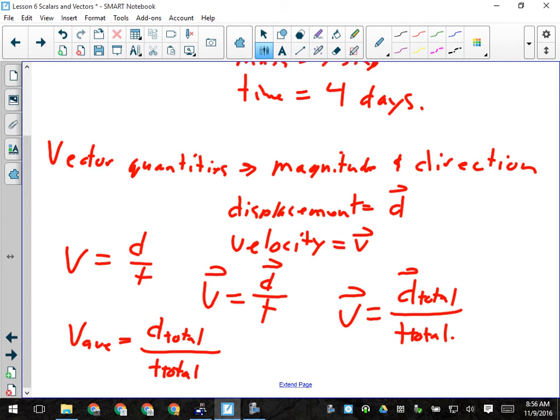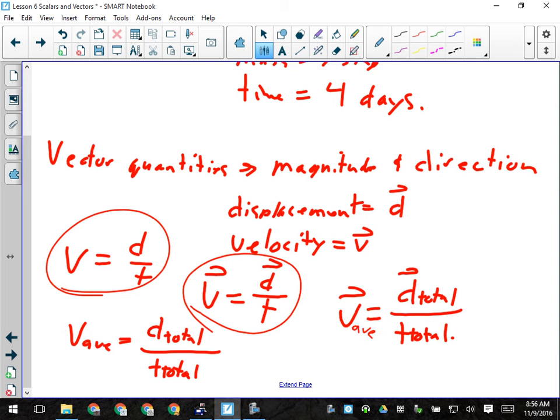And then the other thing we talked about yesterday, that v equals d over t, speed is distance over time, and velocity is displacement over time. And for the one that we did in green yesterday, average velocity is total displacement over total time. The same is true for speed. Average speed is total distance over total time. And that's what we need if our problem has more than one part.